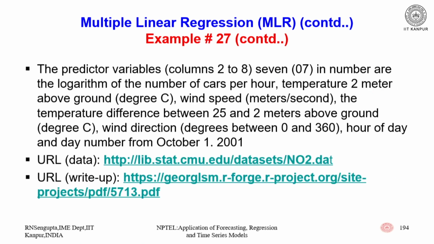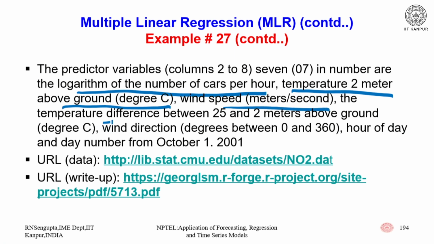The predictor variables, columns 2 to 8, which are 7 in number, are as follows. The first one is the logarithm of car numbers per hour going through that place, then temperature 2 meters above ground in degrees centigrade, wind speed in meters per second.